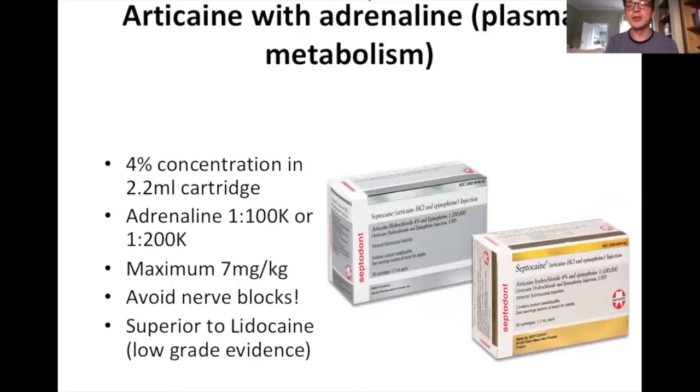Articaine, another very good local anesthetic, is slightly stronger than Lidocaine, but contraindicated for nerve blocks. So you cannot do an ID block with Articaine, but it's very good for better pain control, to be honest. Sometimes I combine Articaine and Lidocaine. If I'm doing a wisdom tooth extraction, I use Lidocaine for the inferior alveolar block and Articaine just as an infiltration, which I'll show you later.